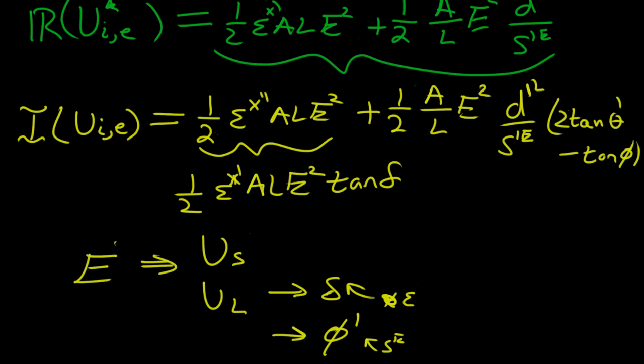This depends on epsilon x, and remember, the stored energy is stored proportional to d squared s for the mechanical side, and for the electrical side, it's stored proportional to the epsilon under constant stress. Under constant strain.